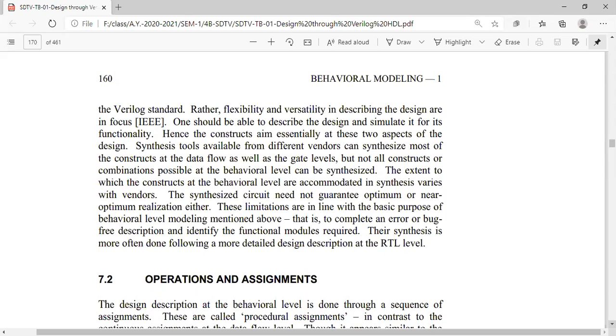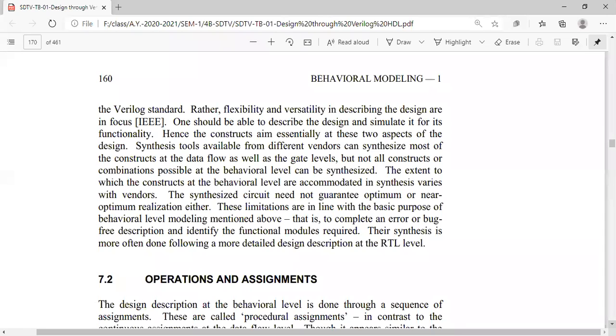You have to write a synthesizable code. Only that code will be implemented on the FPGA kits. Whatever modeling style you follow, whether it is VHDL, Verilog HDL or SystemVerilog, the latest being SystemVerilog, which is used in industries.